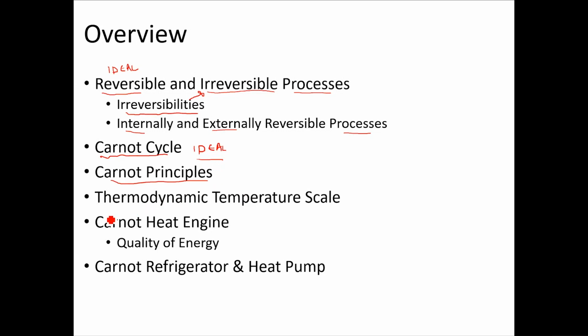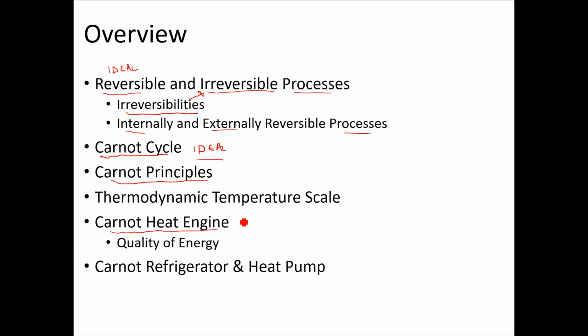Thermodynamic temperature scale, although we have mentioned it very lightly in the first few chapters where we looked into the temperature scales, we'll look into it in detail in this chapter. Then once we have defined the Carnot cycle and the principles, we will study the heat engine.